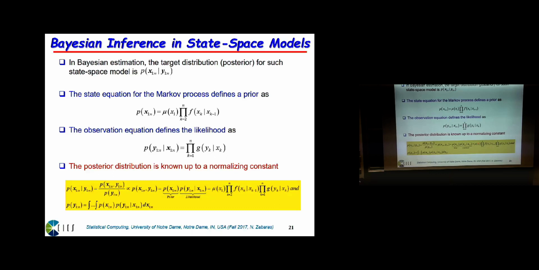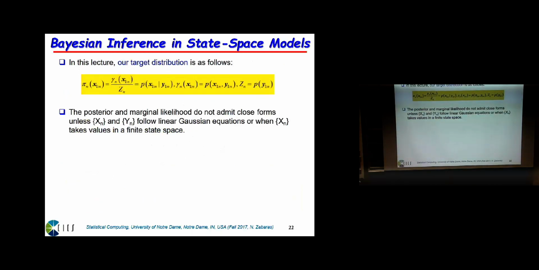The unnormalized posterior is easy to remember, because the Markovian model is the probability of the initial state times the product of all the transitions for the states times the likelihood term. And this is the denominator. If you're interested in the marginal, this is the normalization factor.